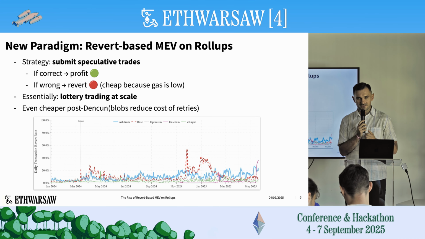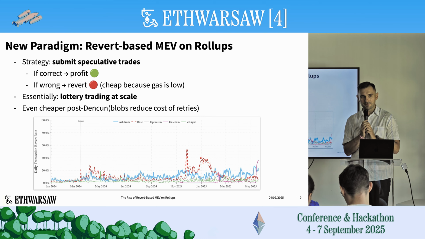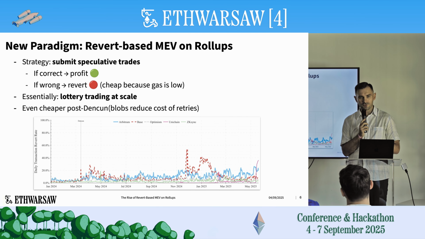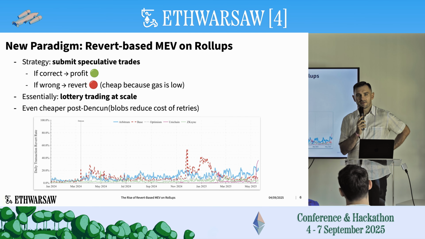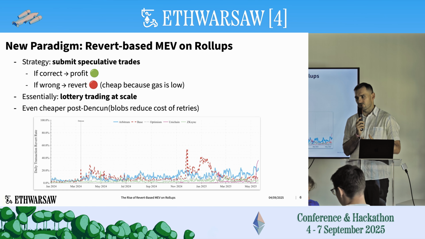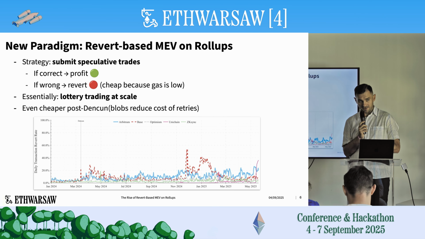And also, what we see is that once there was a big upgrade on Ethereum one year ago, it was Dencun that introduced blobs. As a result, gas fees on rollups went down significantly.